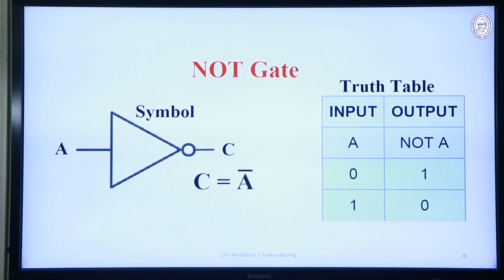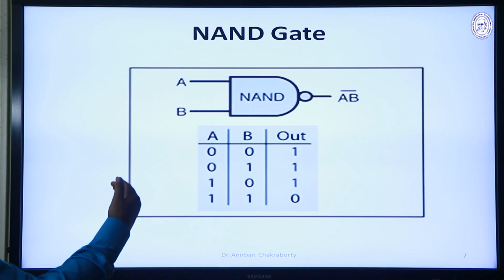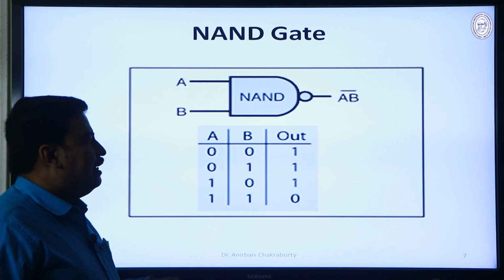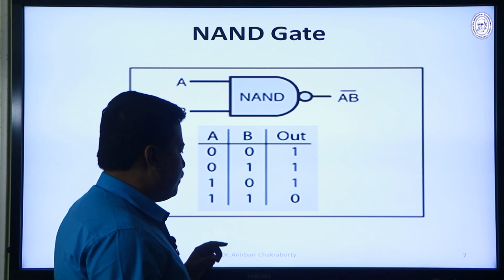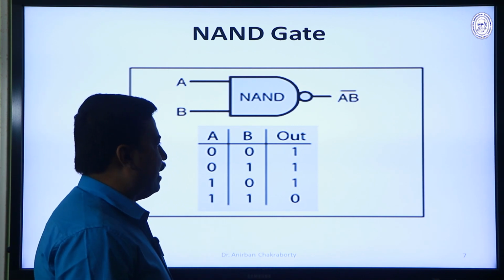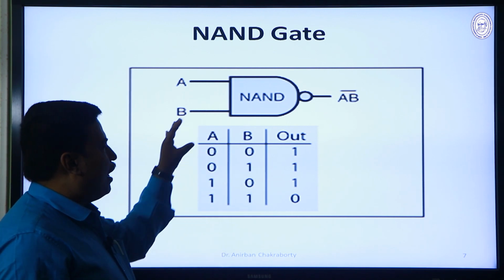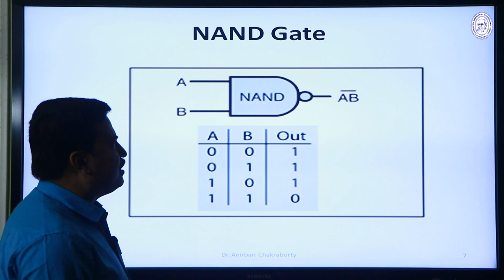Next, after completion of this fundamental concept, I am moving to another gate, the NAND gate. This NAND gate has a very good application in today's lecture. I will tell it later, just now I will explain its behavior. First look at the structure.